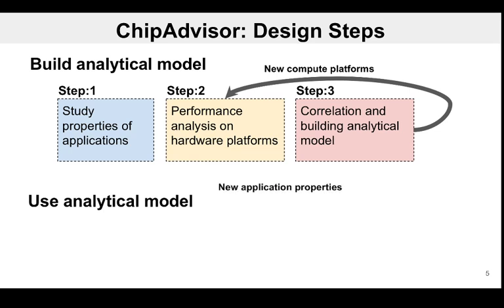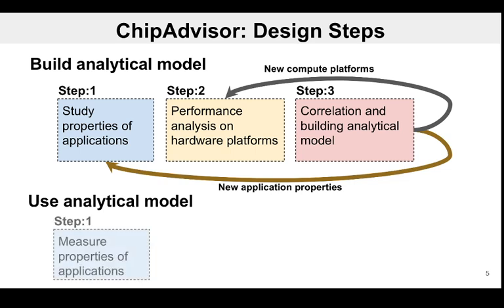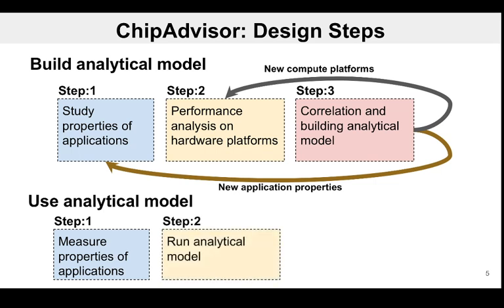And if there arises a new set of applications, then we will analyze application properties and continue with steps 2 and 3. To use our model, we first need to measure application properties of the target application, and then run our model to get prediction results.